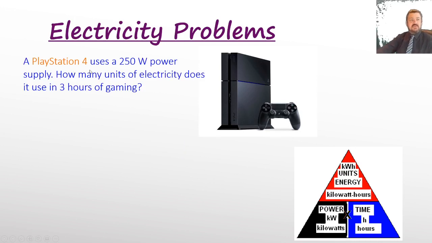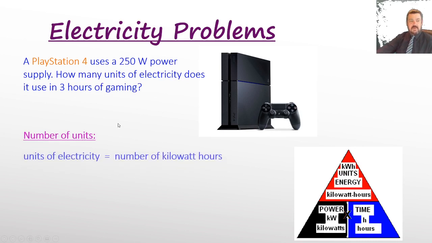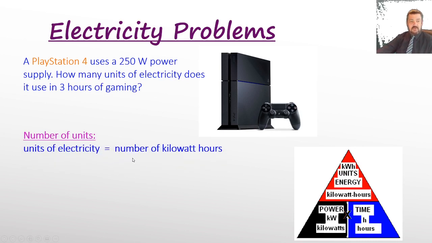A PlayStation 4 uses 250 watts of power. How many units of electricity does it use in 3 hours of gaming? So all we're going to do is work through it. Units of electricity is equal to number of kilowatt hours. Units of electricity is equal to power in kilowatts times time in hours. That is it.